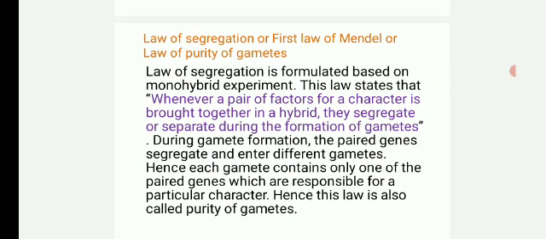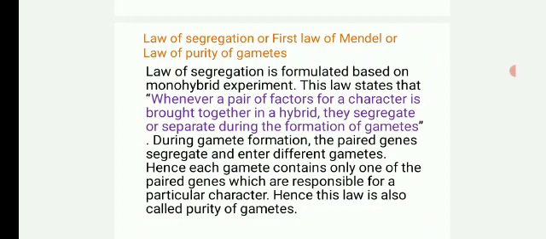This law states that whenever a pair of factors or genes for a particular character is brought together in a hybrid, they segregate or separate during the formation of gametes.